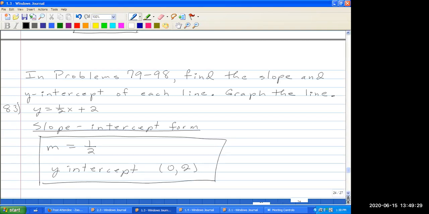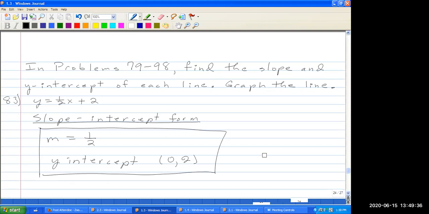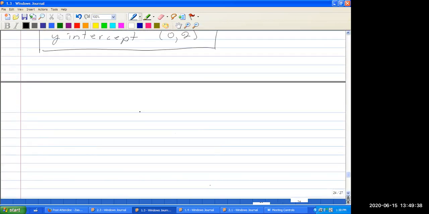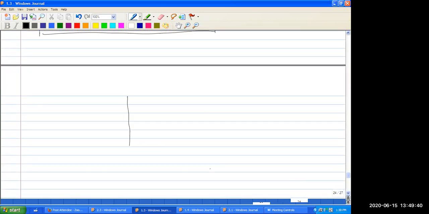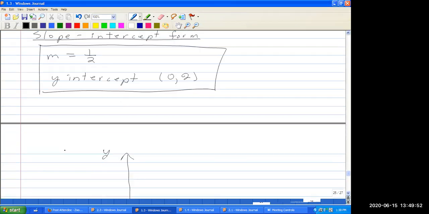Next, they want you to just graph this. So let's graph this line. So let's sketch the graph. So I have here the point (0, 2).